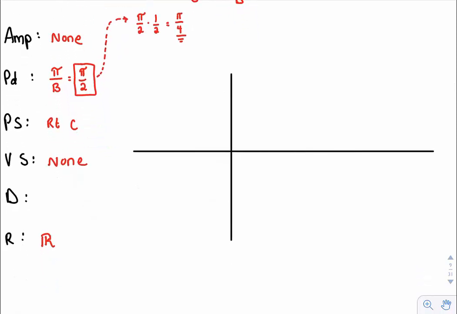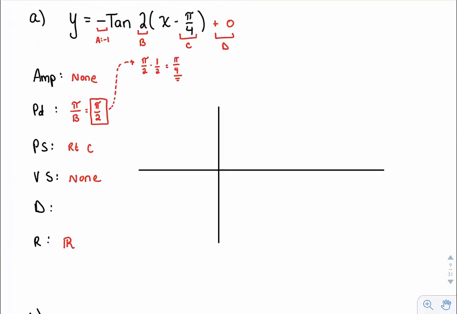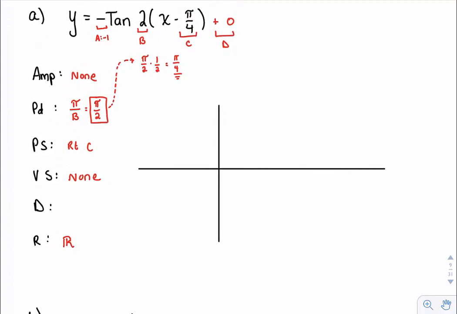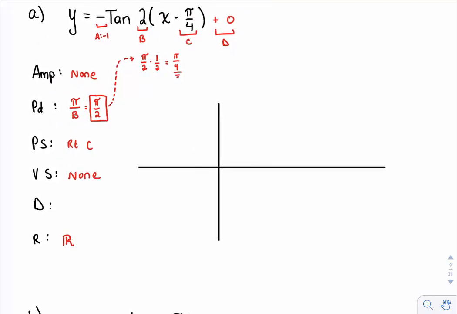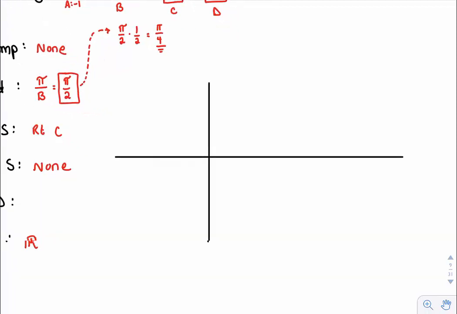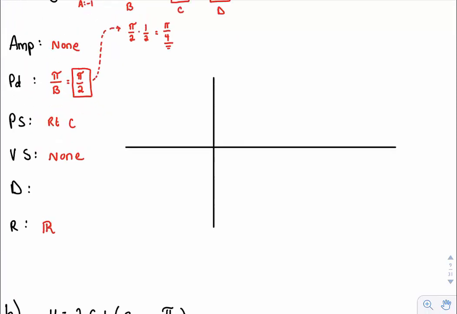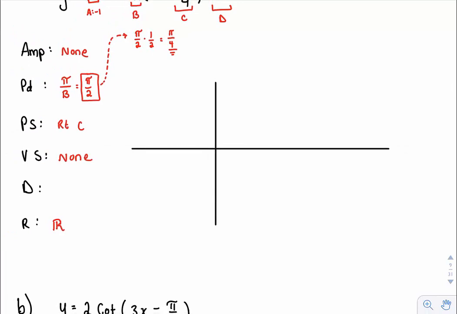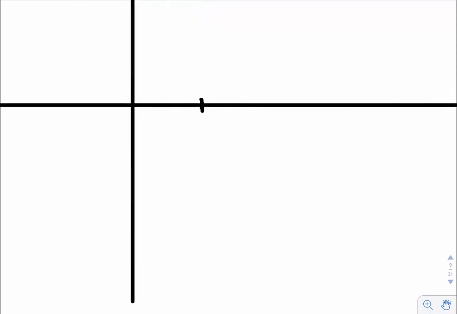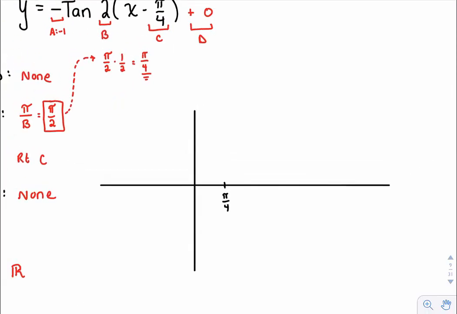So when I label this, I am going to start at my starting point. And my starting point in this problem is going to be pi over 4. My Patrick interval is also pi over 4, so I'm just kind of thinking this out. So here I go. I'm going to go to pi over 4, and as I said, my Patrick interval, or the distance between my asymptotes and my zeros on the x-axis, is also going to be pi over 4.